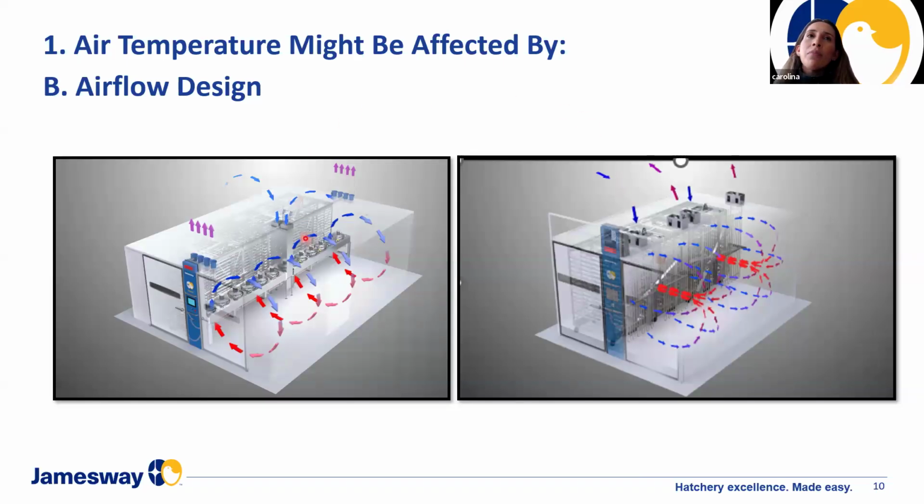This is a very important point to understand, because profiles and temperature set points might be different according to airflow design. A profile that works really well on this type of machine will not work well on this type of machine, even if both of them are single stage.